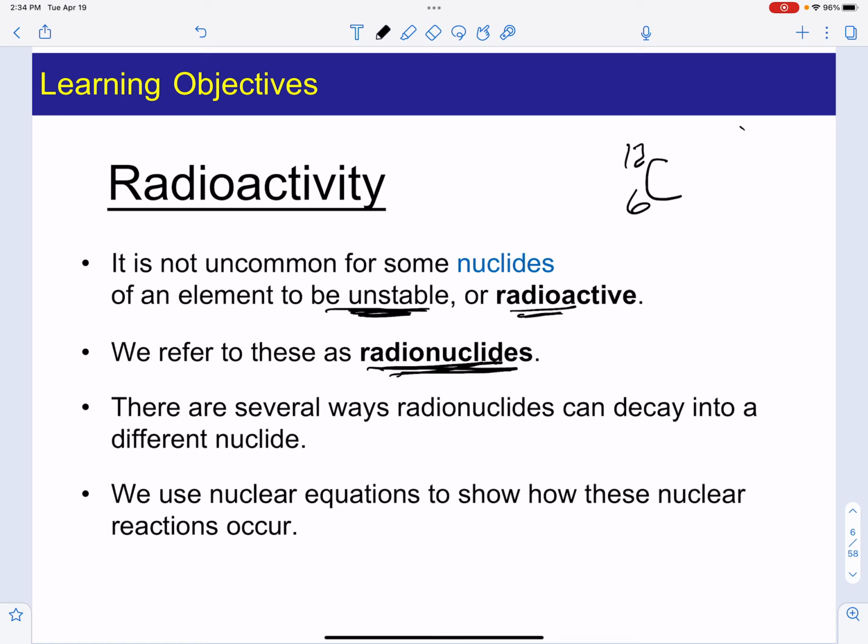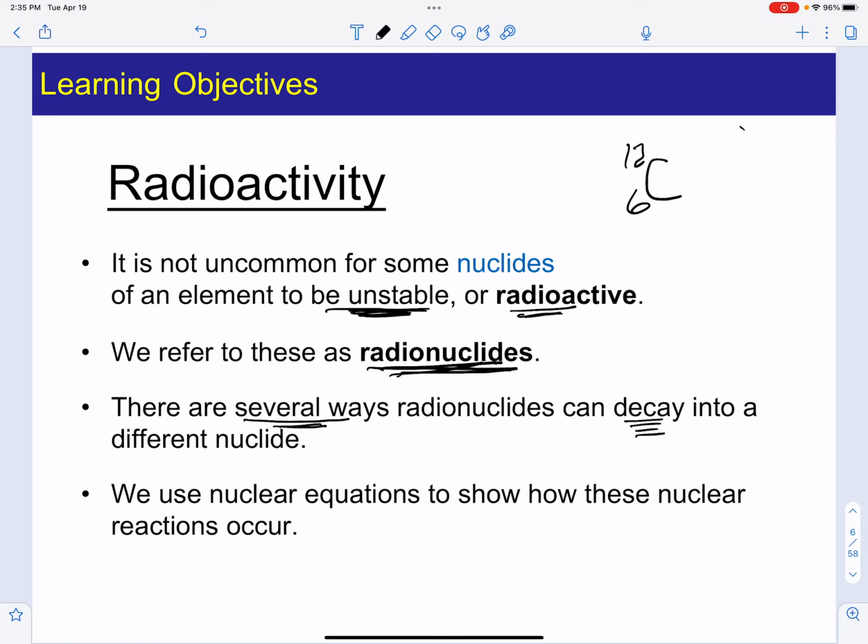And for nature to find that stability, the way it's going to break or decay, meaning that it's breaking apart, there are going to be several ways to do that. So that's what we're going to learn: the different types of particles that nature can release to find that stability.